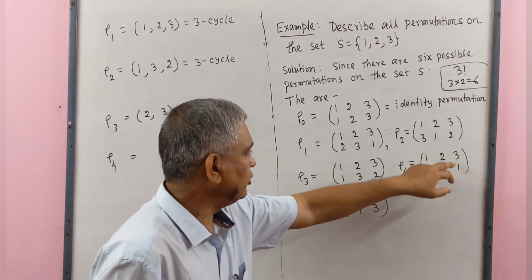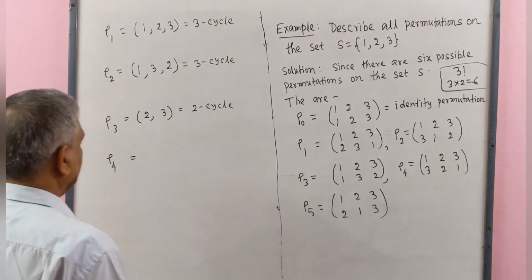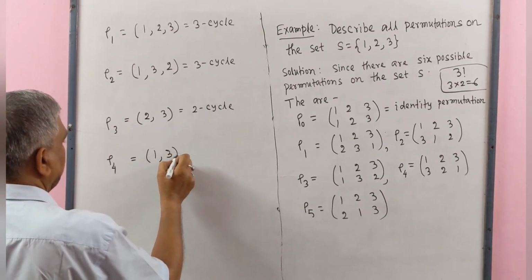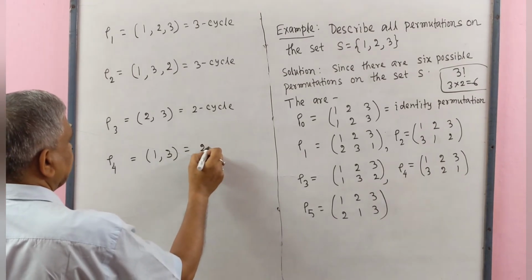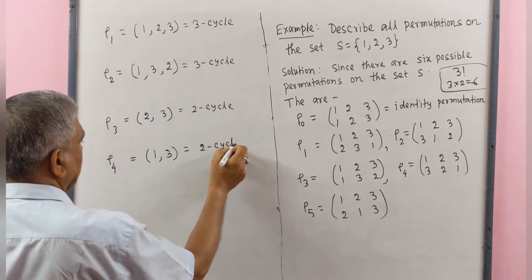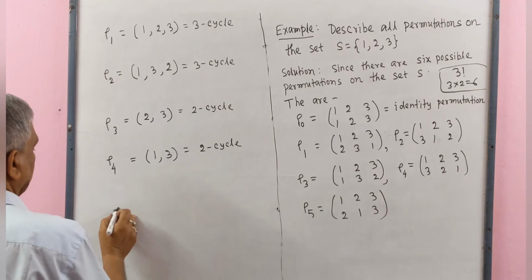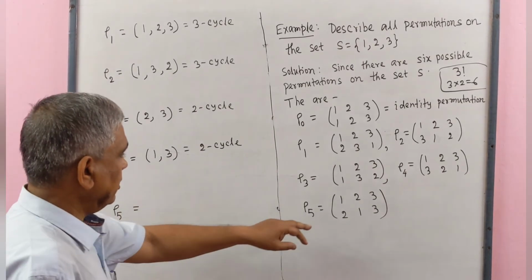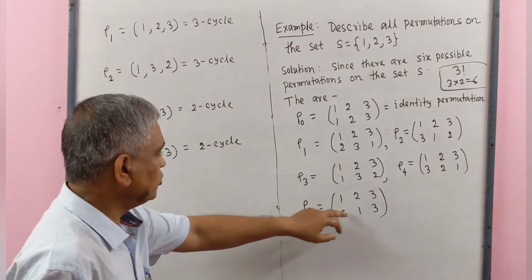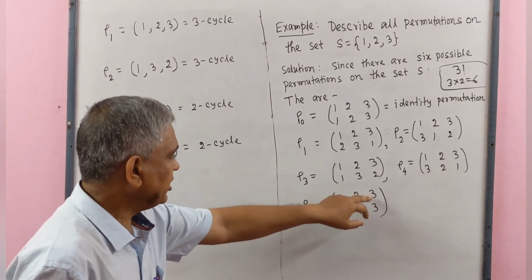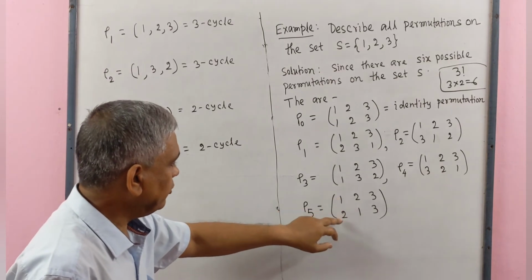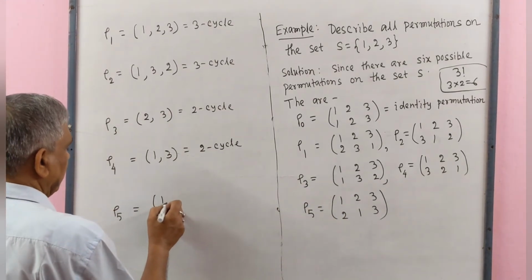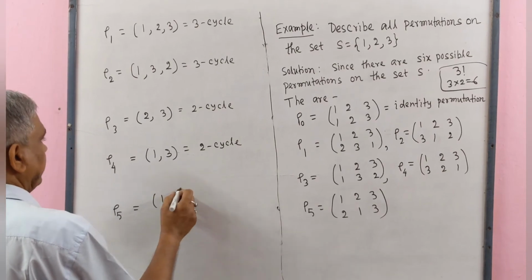This is the 2-cycle (1 3). Row 5: the image of 1 is 2, image of 2 is 1, image of 3 is 3. This is also a 2-cycle (1 2).